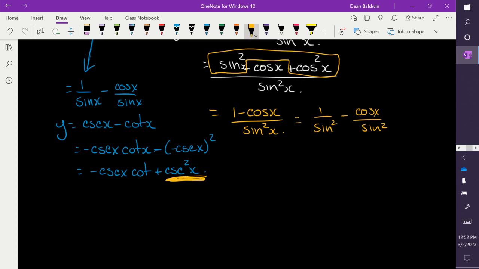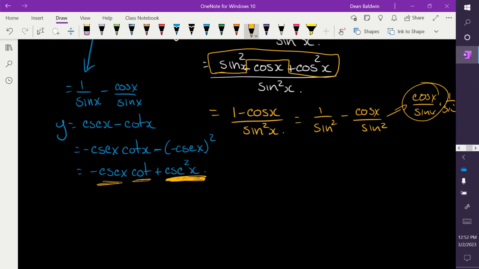Cos over sine is cotan, right? If you think about this, this is the same as cos x over sine of x times 1 over sine of x. That is cotan, and 1 over sine is cosecant. So they are the same thing. This is the thing about trig, is stuff that looks totally different is actually the same if you rewrite it.